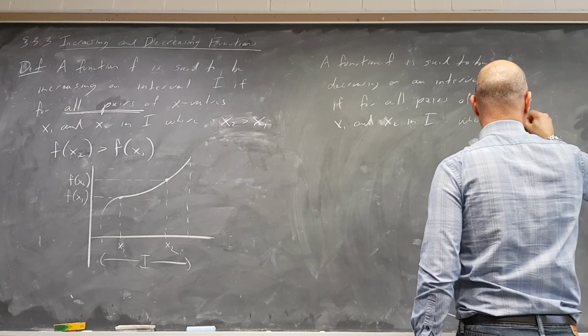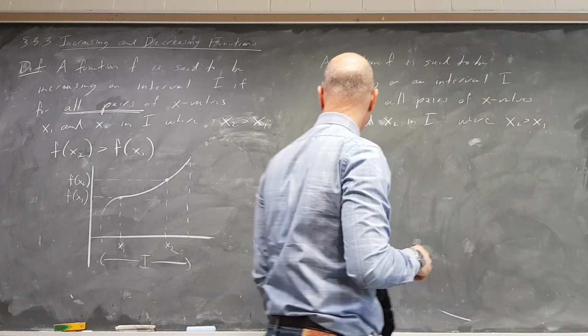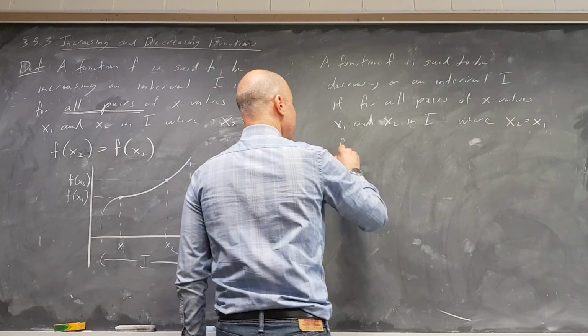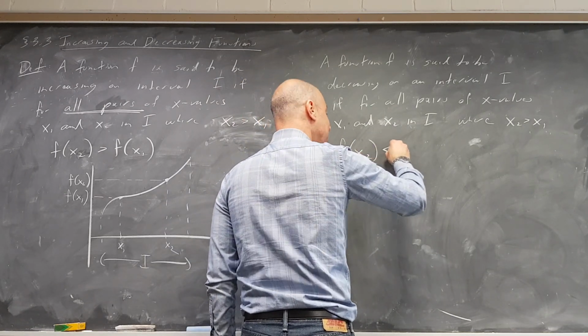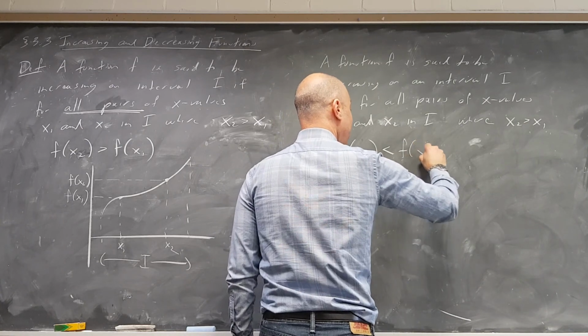I'll write x2 is greater than x1. Then the y value at x2, the point on the right, is less than the y value at x1.